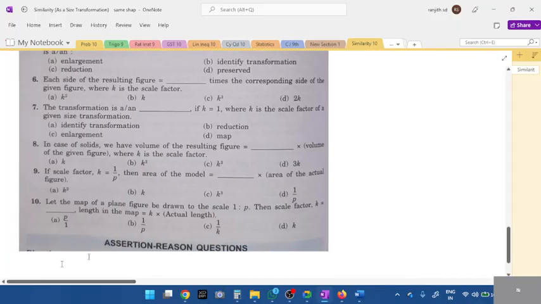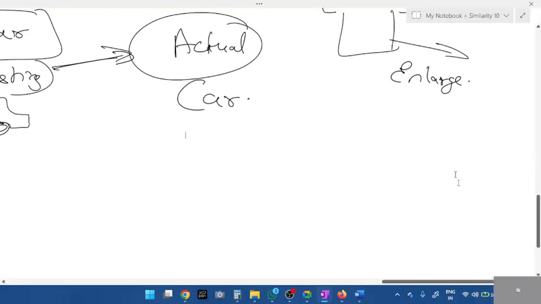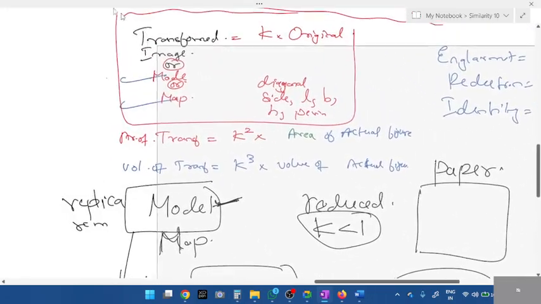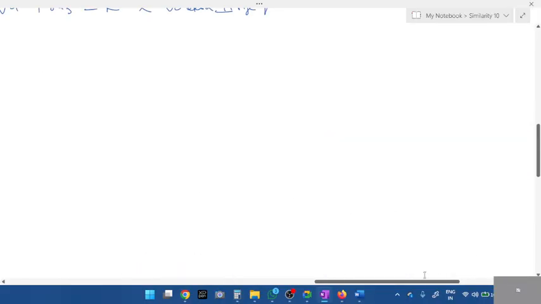Other questions, look at the first question. Whichever is increased, enlargement. Whichever is decreased, reduction.